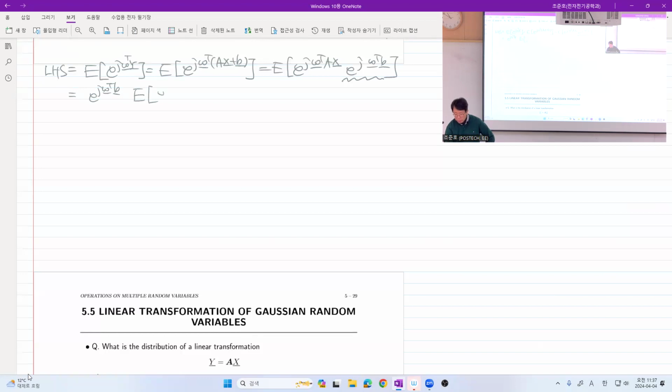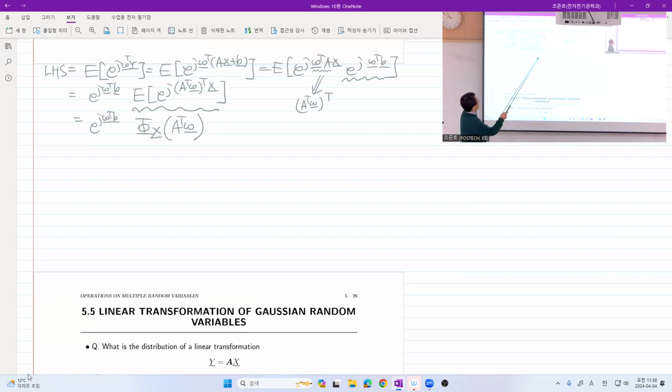And here I use some trick. I rewrite this one as that. Got it? Omega transpose A is A transpose omega, transposed. So what is this then? Anybody? This is the characteristic function of x evaluated at A transpose omega.